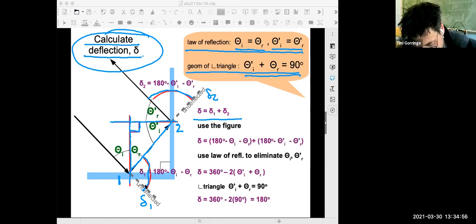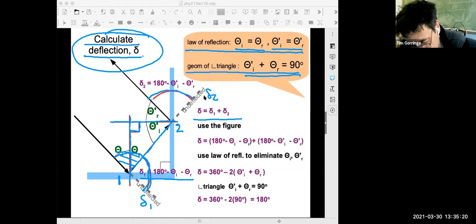I've drawn it here in red. How big is it? Well, it's 180 degrees all the way around here, less the number of degrees consumed by theta I and theta R. So delta 1 is 180 degrees less the angle here.